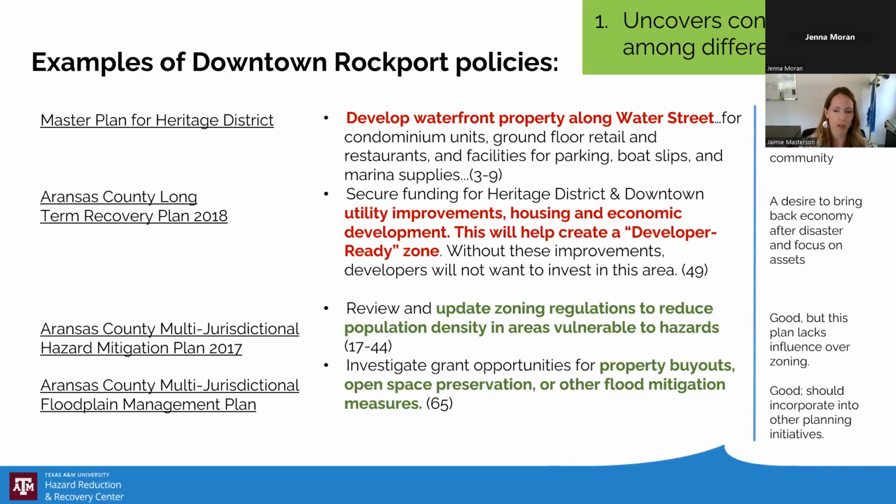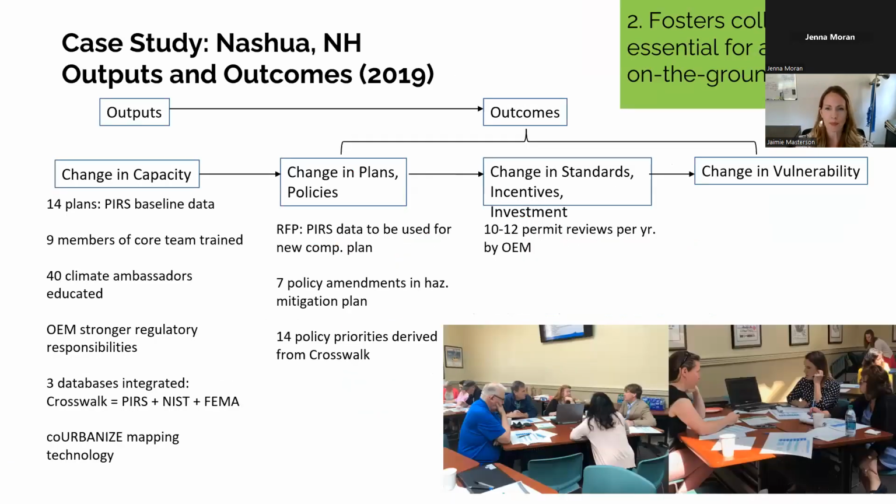So as we have conversations with the emergency manager, the floodplain manager, the long-term recovery folks, the Heritage District Board Chair, the city planner, all of these different folks come to the table and have conversations of what do we mean when we say this? And are we ready to take on the consequences if we were to do nothing?